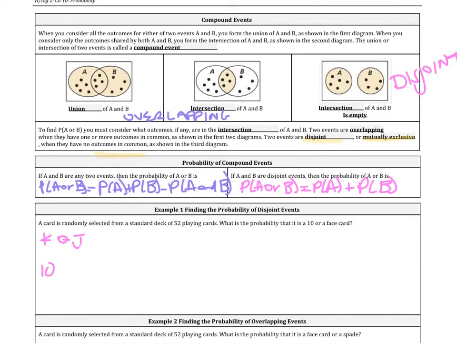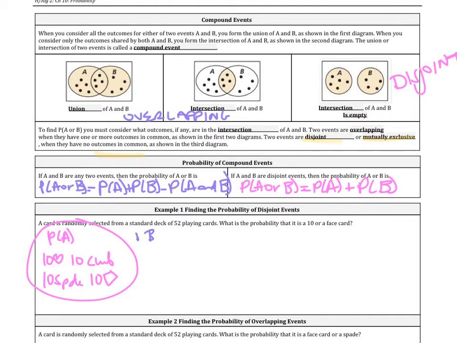So first of all, let's figure out the probability of A, which is drawing a 10. So we can have a 10 of hearts, a 10 of clubs, a 10 of spades, or a 10 of diamonds. The probability of B is a face card.